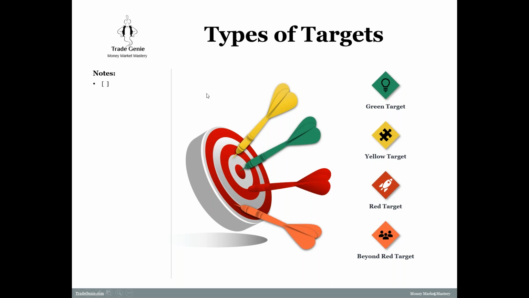If the gain in the green target is not enough, then we hold on for the next target, the yellow target, and the red target. Green is first, yellow is second, and red is the third target. And then we have the beyond red target. I'll explain what we mean by these targets.